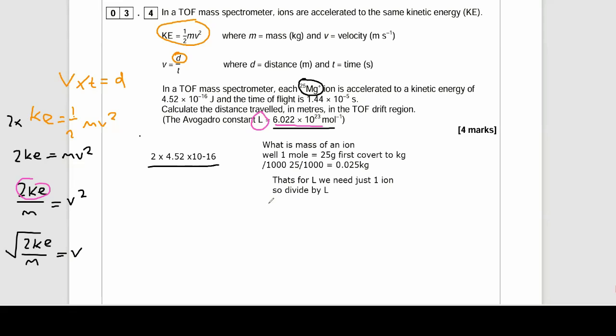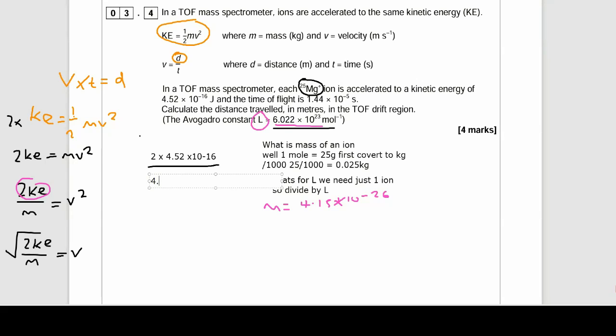So I've got to do 0.025 kilograms, which is the mass of a mole, and divide it by 6.022 times 10 to the 23. And what we'll do by doing that is find out the mass of one ion, and it's going to be a really small number. The mass of an ion is 4.15 times 10 to the minus 26.